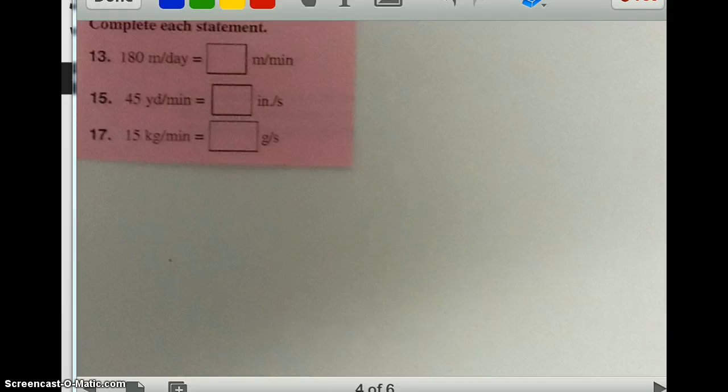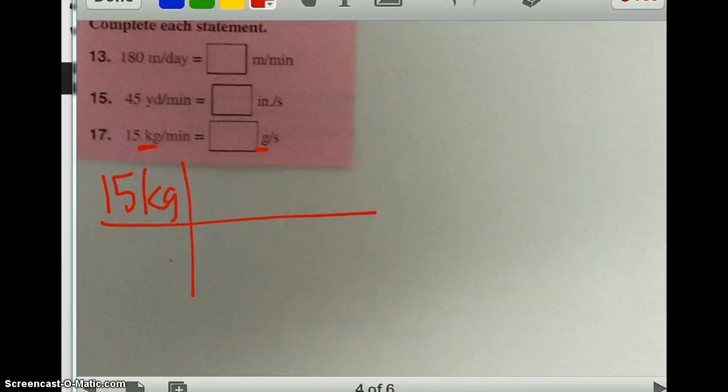All right, number 17. It says I've got 15 kilograms per minute, and I've got to get to grams per second. So let's take care of the top first, kilograms and grams. I'm going to write this out. I've got 15 kilograms. It's in 1 minute right now, and I want to take care of this kilograms.